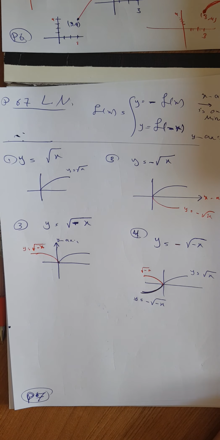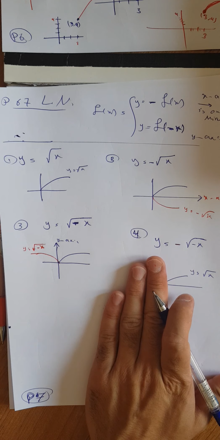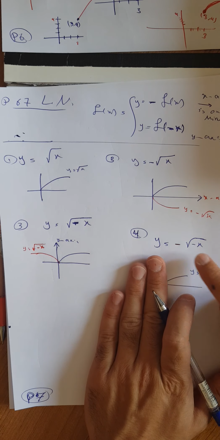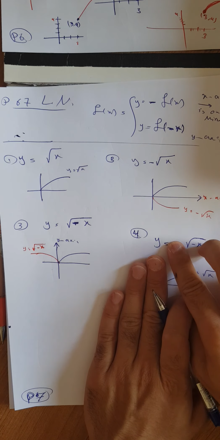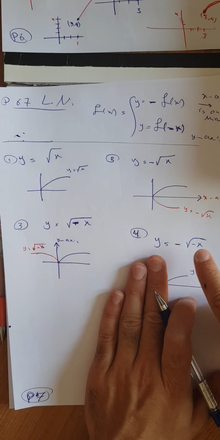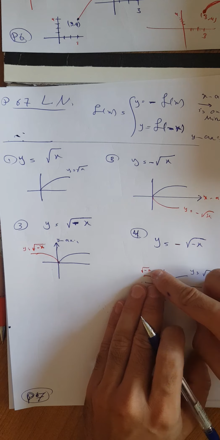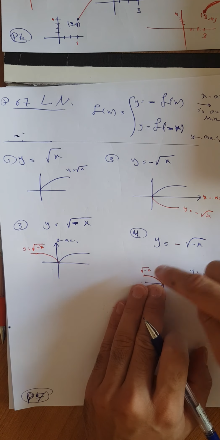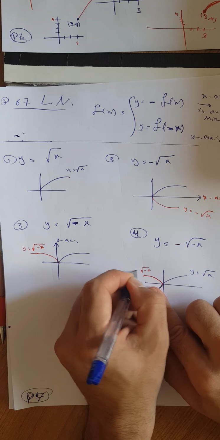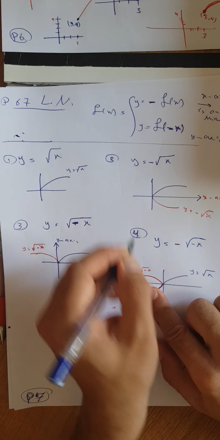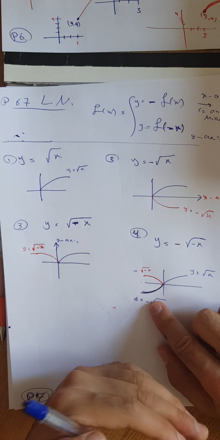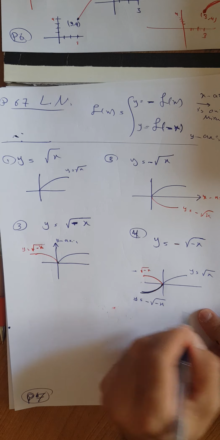Can you do it again? Here's the original, and because I want minus x as in the third example we did, it goes here. Now reflecting this one, because the reflection is outside, it means the x-axis. So I'm going to the third quadrant. Can you see?